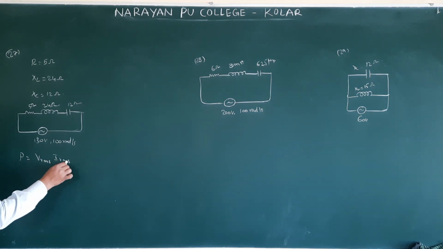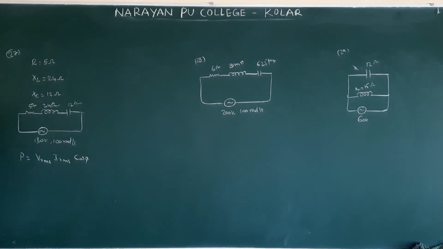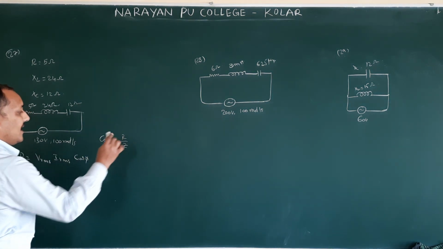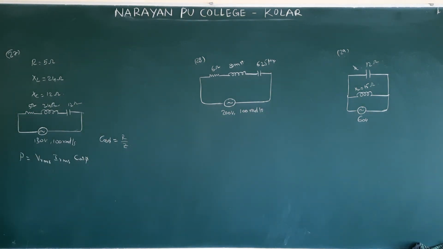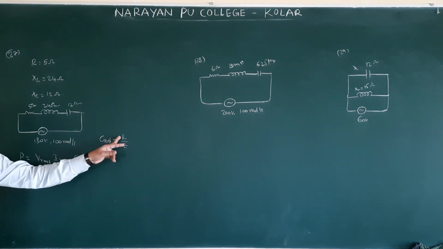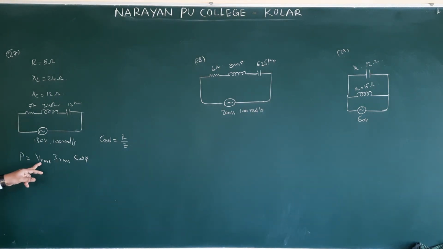VRMS, IRMS, cos phi. So what is cos phi? Cos phi is nothing but R by Z, because we don't know the phase. Therefore cos phi we can write as R by Z. Now see, VRMS 130, IRMS we don't know.